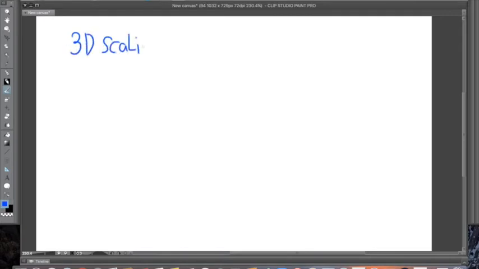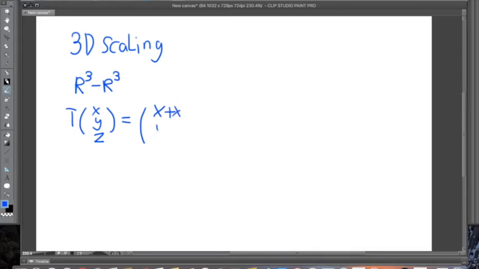So we have to set up the question that we want to scale first. So we will set T from R3 to R3, with T of x, y, z into this form: x plus x, y plus y, and z plus z.